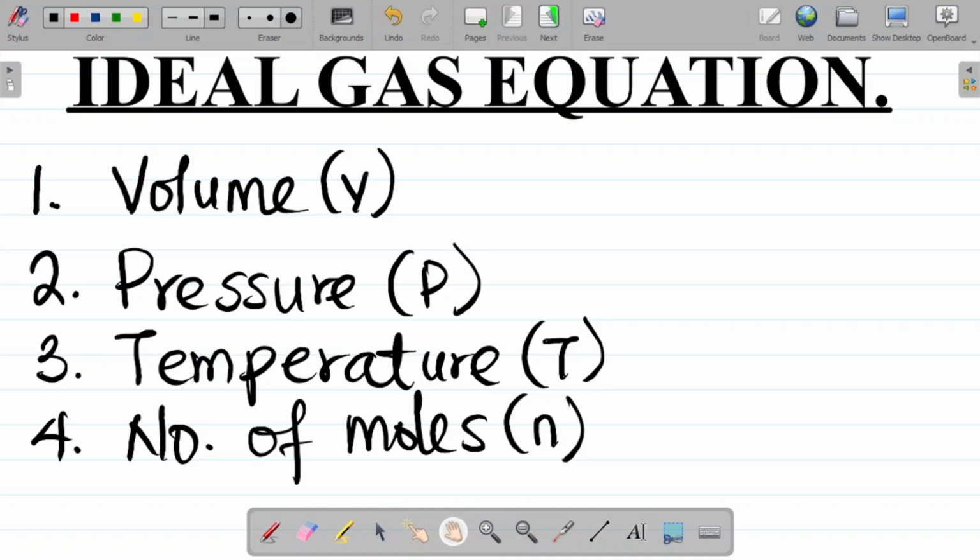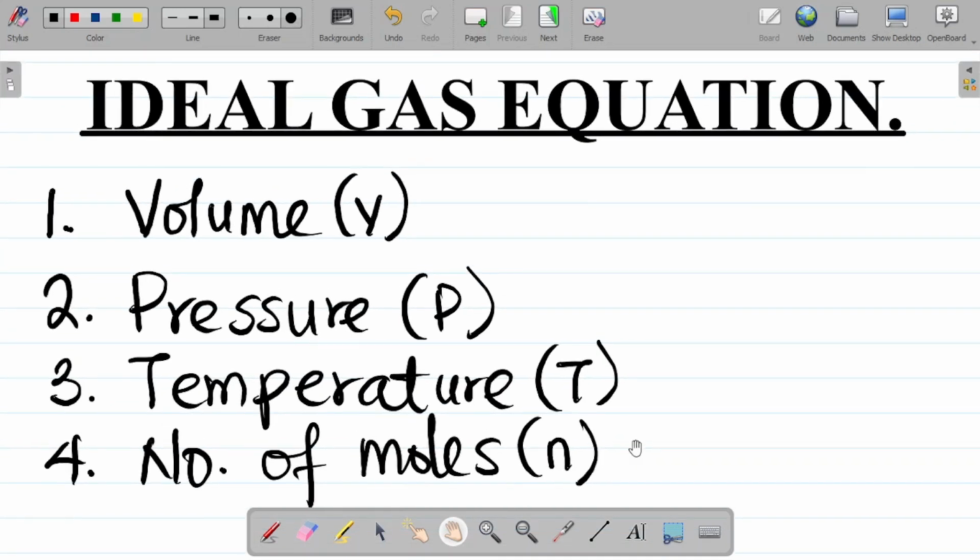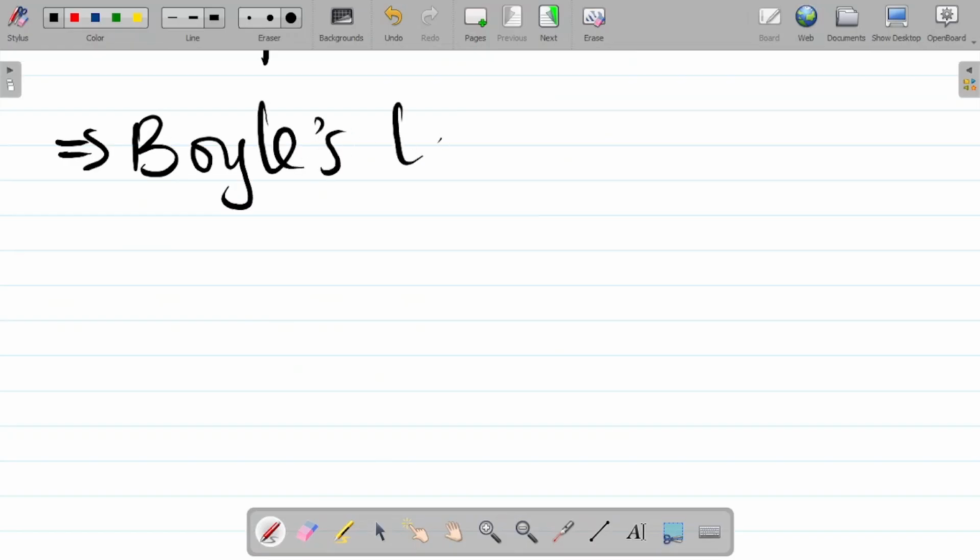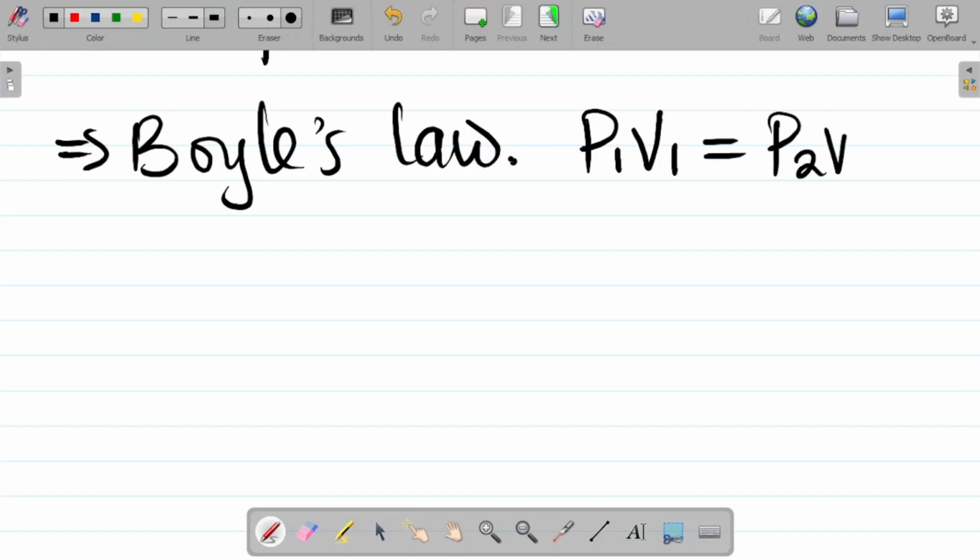Now, from our previous class, we talked about two important laws that govern the concept of gases. The first one we discussed was Boyle's law, where we derived the equation P1 V1 is equal to P2 V2.